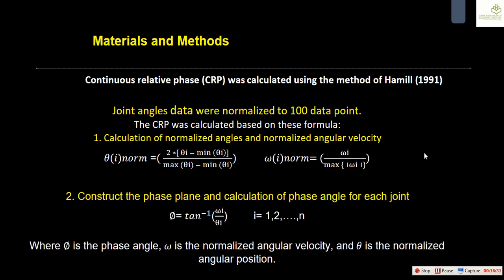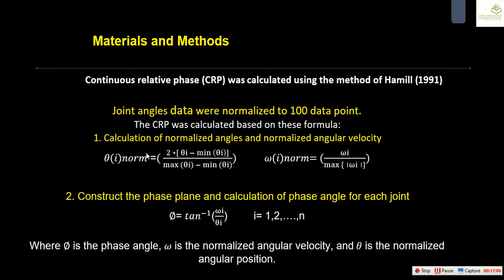After that, we used the method of Hamill for calculating the continuous relative phase, or CRP, and CRP variability during the roundhouse kick. First, joint angle data were normalized to 100 data points, and the CRP was calculated based on this formula.